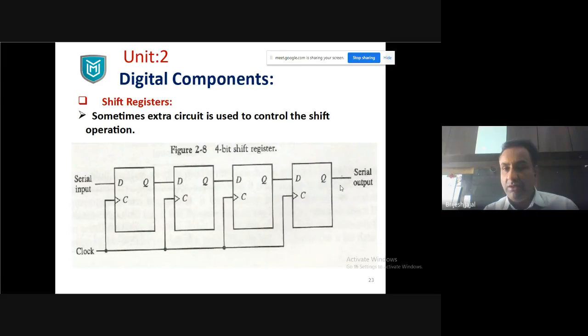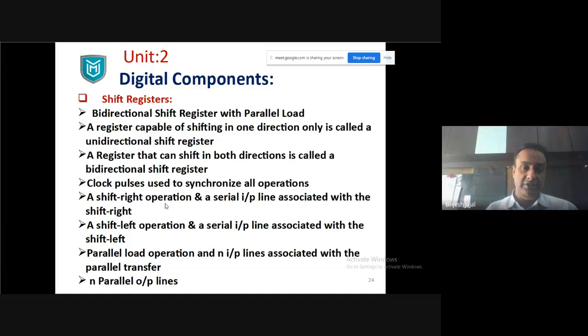Someone looking from the front sees the input come first and the output go at the end. But if someone is standing at the back, you will see the output on the left side and the input on the right side. The circuit is the same, only the logic will change.